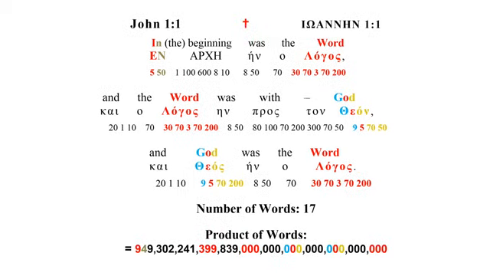Now we do the same with the words. There are 17 words in John 1:1 in Greek, and the product of those words is 949 illions. I don't know what you call it. We're going to use that same formula that we did with Genesis 1:1.